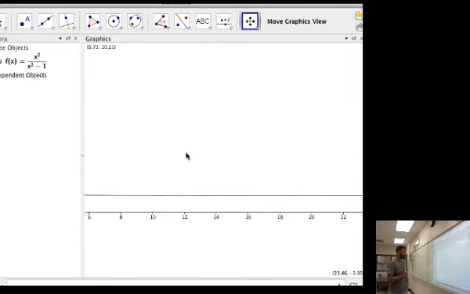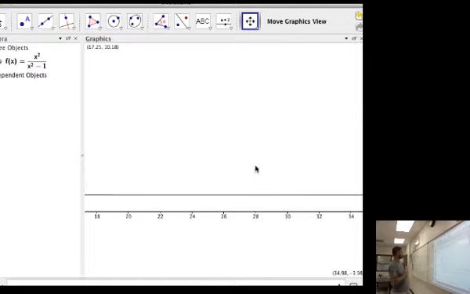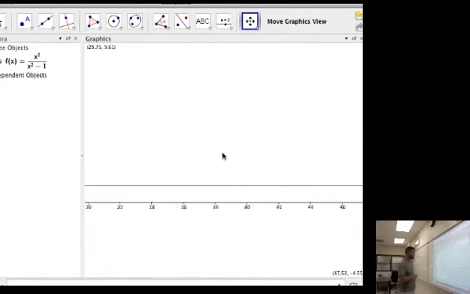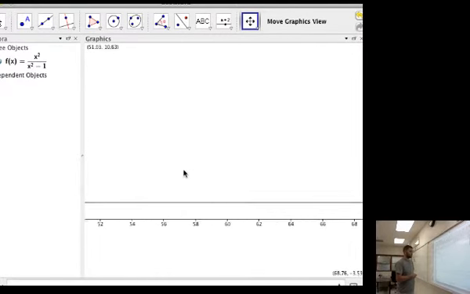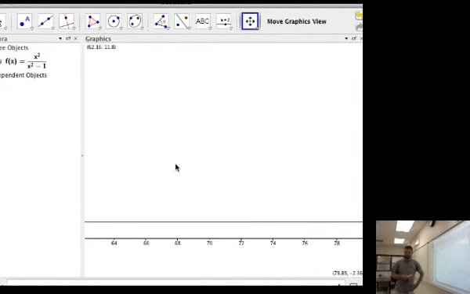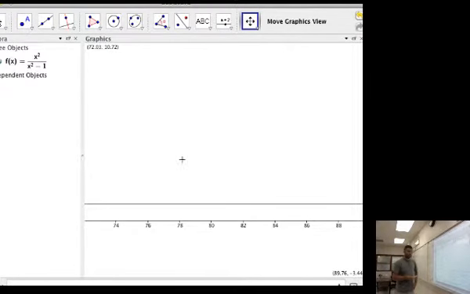Bigger and bigger and bigger. What's happening to the function? It's getting closer to what? 1. It's nice crummy graphics, you can't tell that it's not 1.